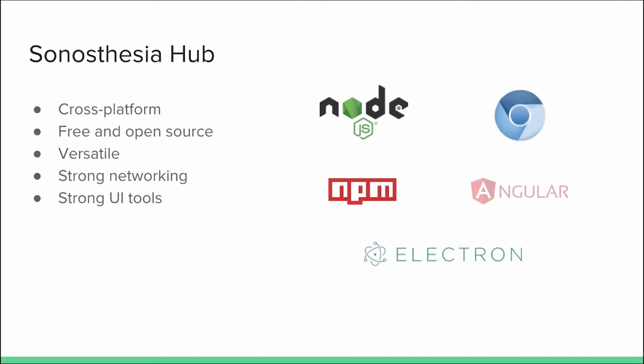So if you're unfamiliar with the JavaScript technologies, Node provides really strong networking tools, and the Chromium aspect allows front-end web frameworks to be used for the UI, and it has the advantages of being both completely open source and very cross-platform. So this is also alpha verging on beta, but the core functionality is there. There's some work to be done on the UI, and more sophisticated mappings to be made, but the core functionality is there.